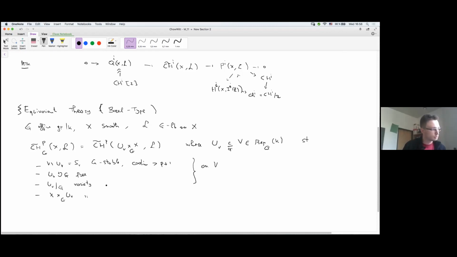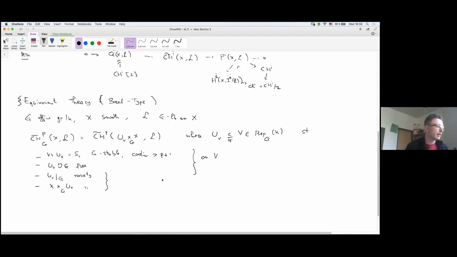Regarding the last two assumptions, they are needed to ensure that we're taking the Chow group of a scheme, but I think they're not really necessary. So one probably can extend the theory to algebraic spaces. I don't claim that I can do it right now, but I don't think they're really necessary.